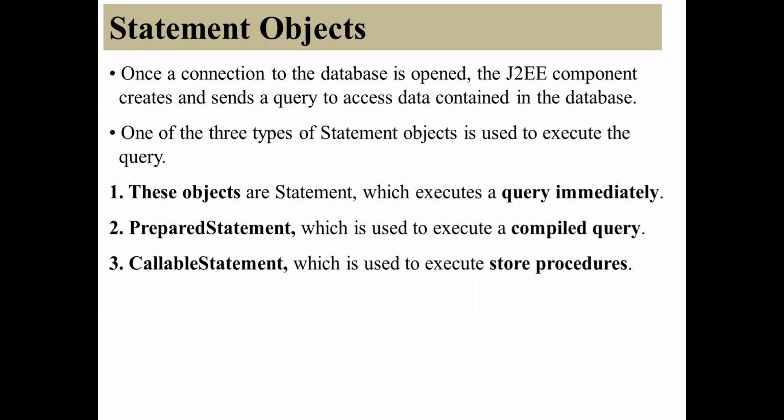There are three types of statement object used to execute the query. Very important. The first one is the statement object. The second one is the prepared statement. The third one is the callable statement. What is a statement object?